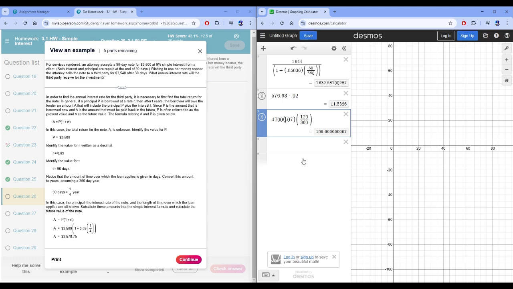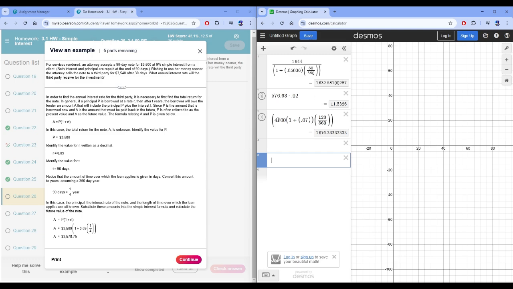So if I just do this 1 plus like that, and now I know that I need one more. That's going to go right there. Okay, so now this is going to be 1600.